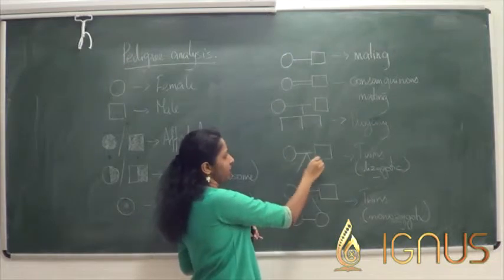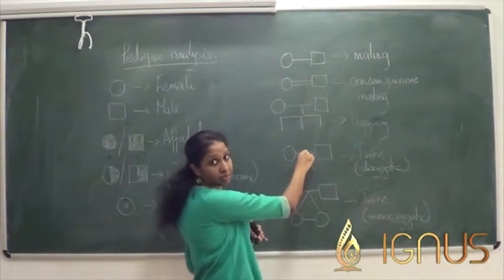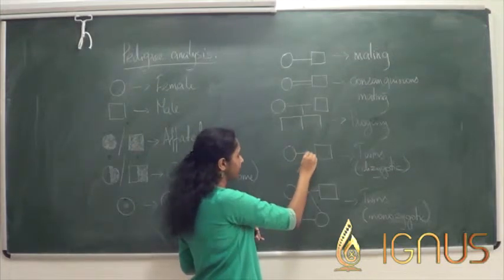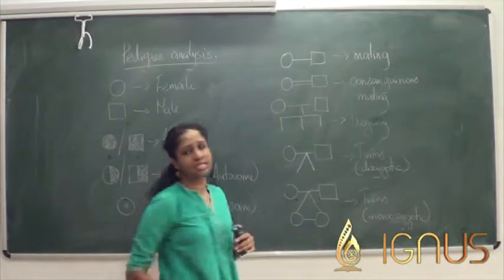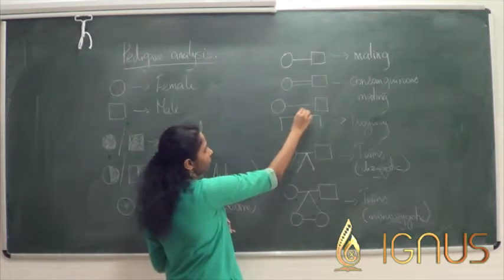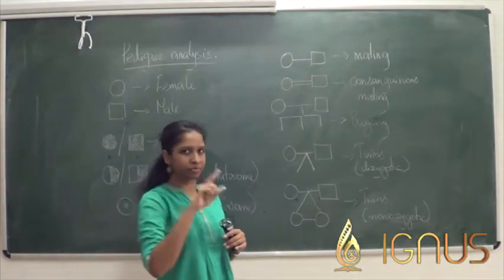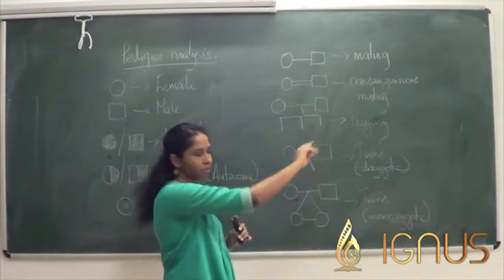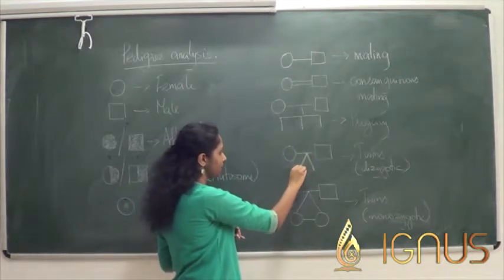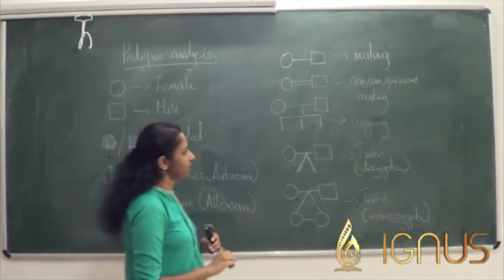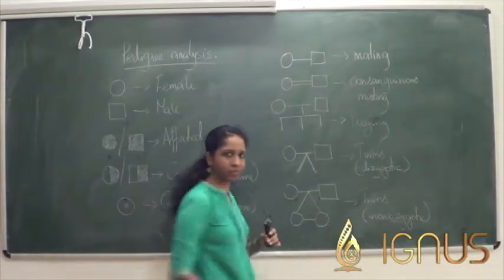So you have a female and a male, a line drawn in between showing that it is mating. But if the progeny line is coming out from the same point, unlike the progeny line which comes out from one single point and then branches out. So this is normal progeny, but if the progeny line is coming from the same point, then it represents twins.